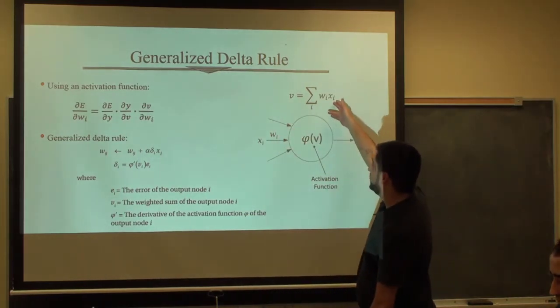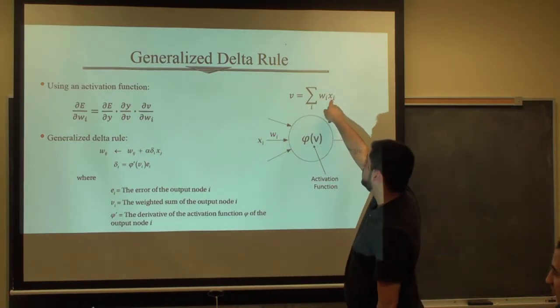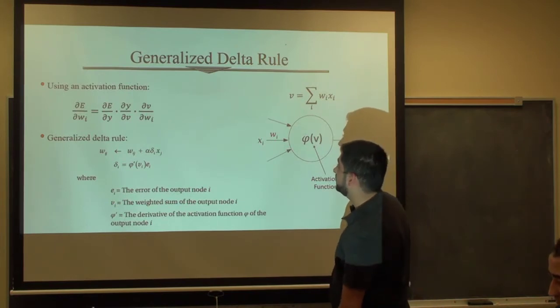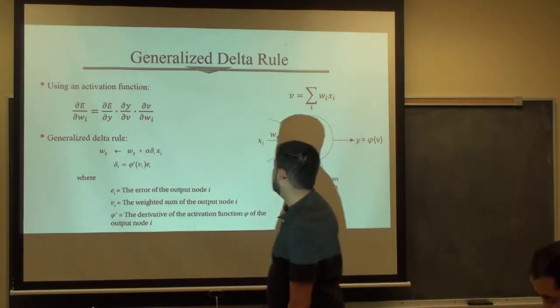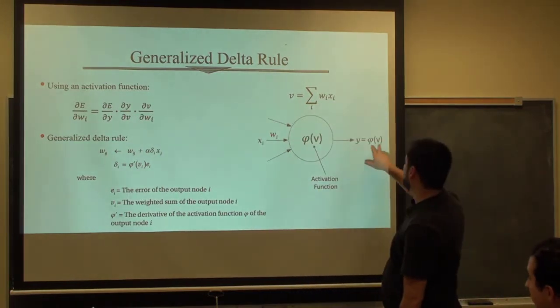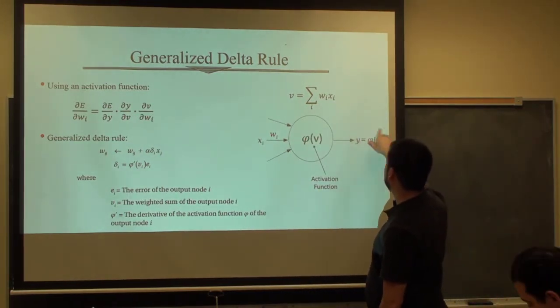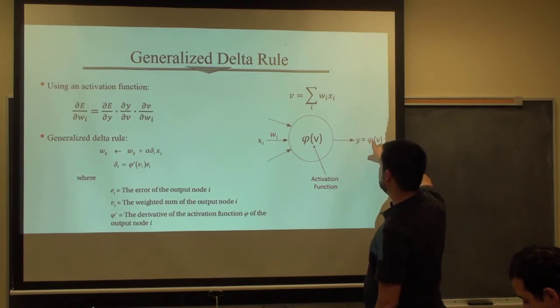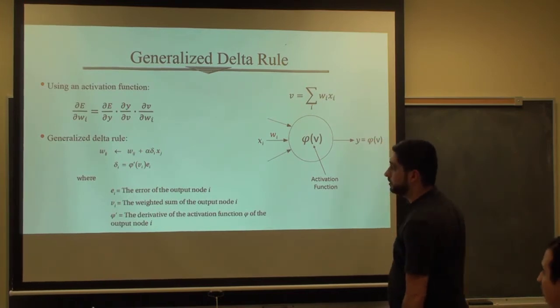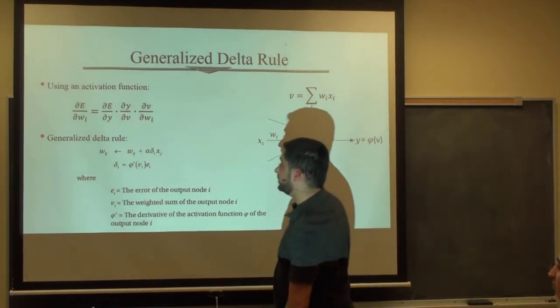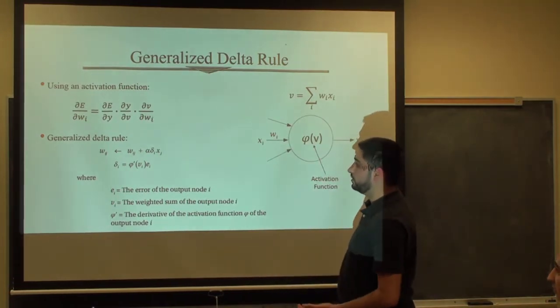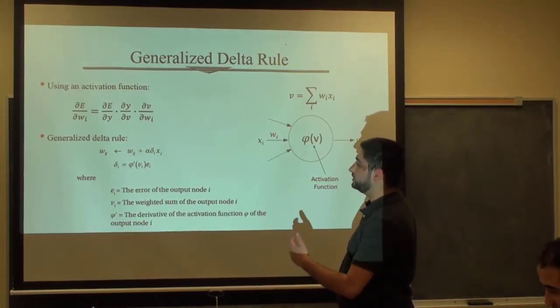Same thing, v is the sum of w times x, so differentiating in terms of w, you get x. Then dy over dv. What is dy over dv? y is now our activation function, so this term is basically just the derivative of our activation function. Then this term, as before, is the difference in the error, which is y minus d.